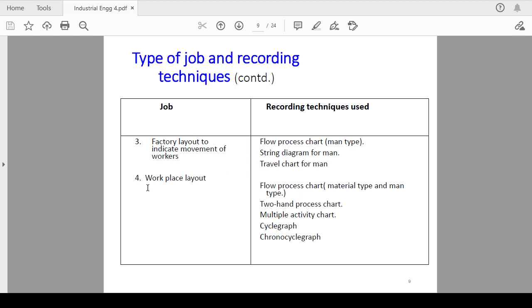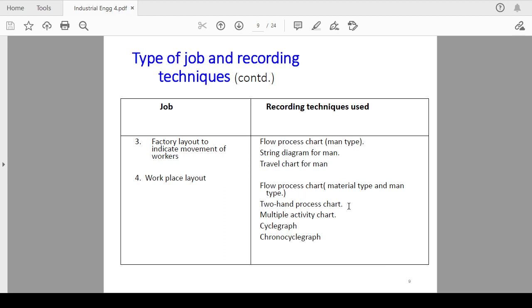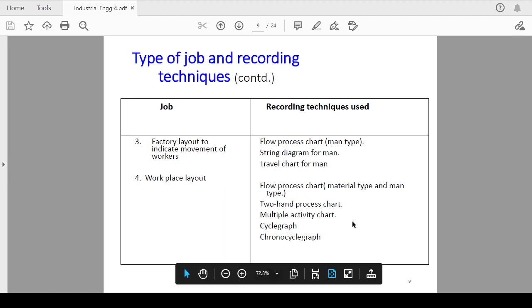Now the next is workplace layout. If you want to modify it, or your job is related to workplace layout, then you must consider one or two of these: flow process chart material type and man type, two hand process chart, multiple activity chart, cycle graph and chronocycle graph.